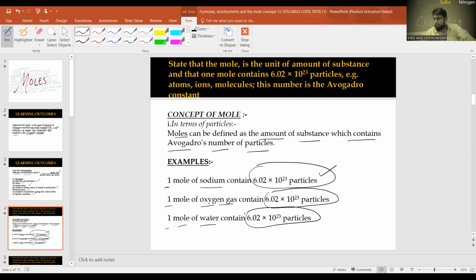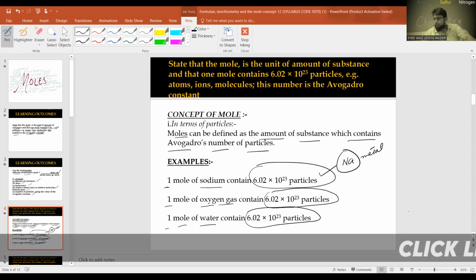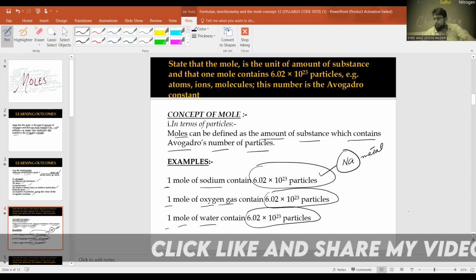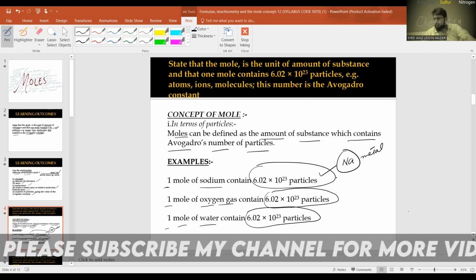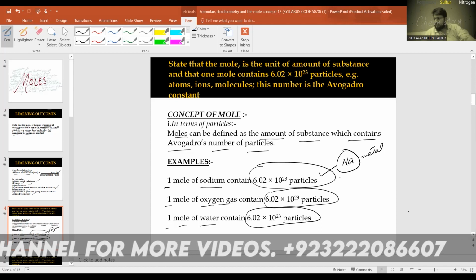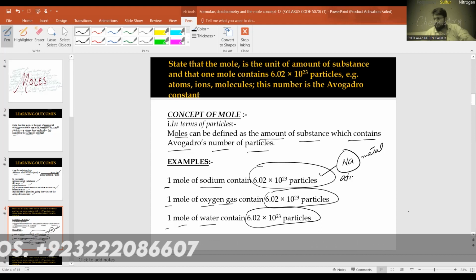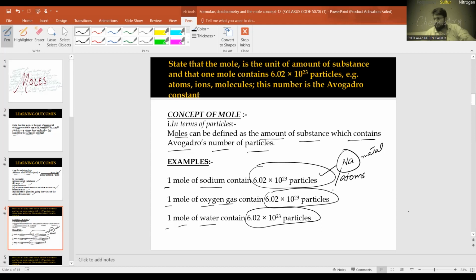The symbol for sodium is Na, and sodium is a metal. We know that in metals we have discrete atoms of the metal. So in case of particles for sodium, you are also allowed to write atoms for particles.